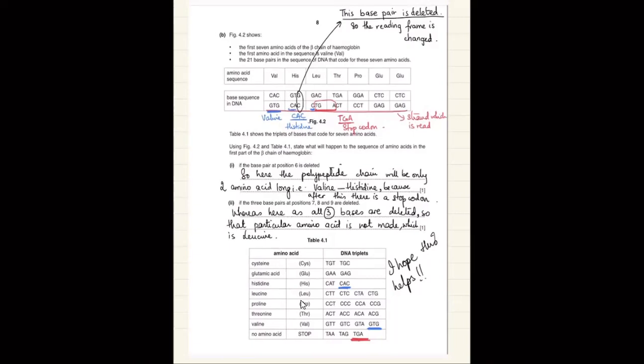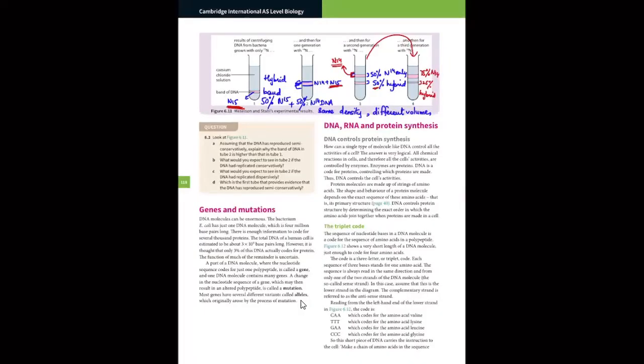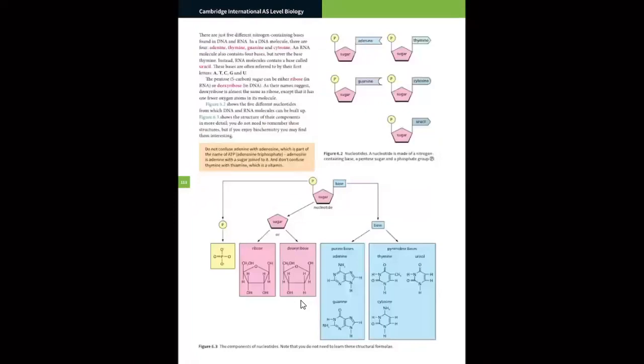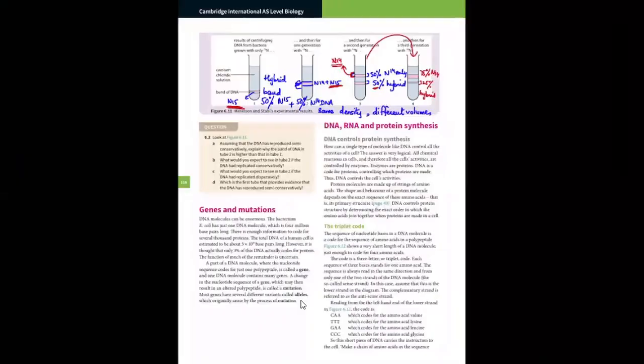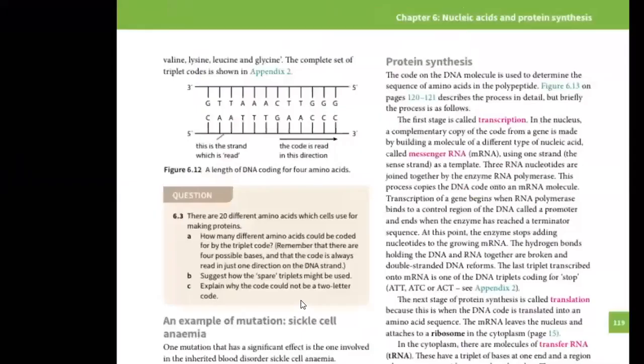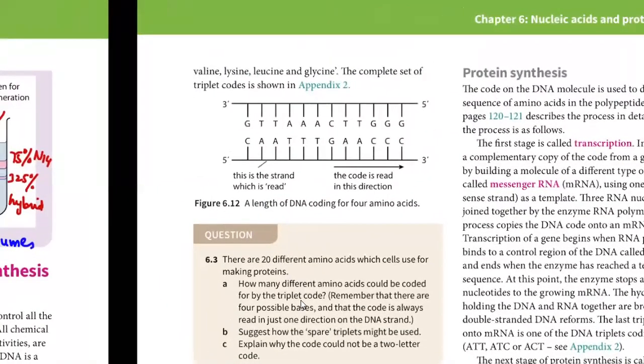For example, I'll just show you this. Let me show you, because it's in the old textbook. There is this chapter. Look, this diagram was actually really good in the old textbook. Now see, there are two strands, okay?